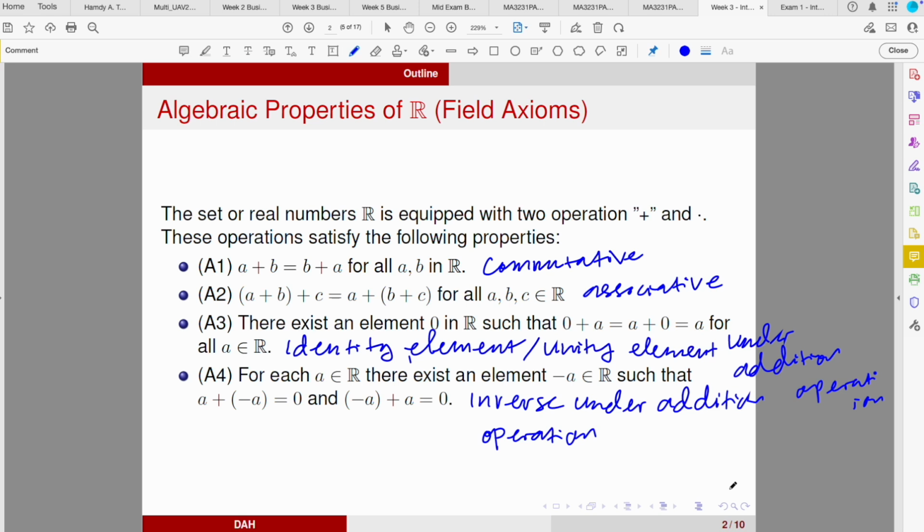All of them are already obvious, nothing new. Yes, that's the thing, it's so obvious, like we forgot the order. A1 is commutative, A2 is associative, A3 is identity.